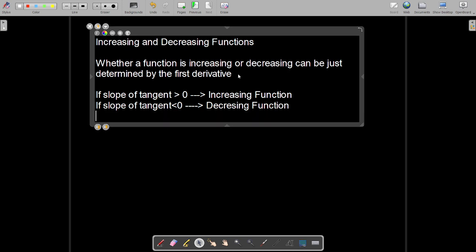And if the slope equals 0, and we have already discussed this, it's a stationary point, which can be a maxima, a minima, or an inflection.